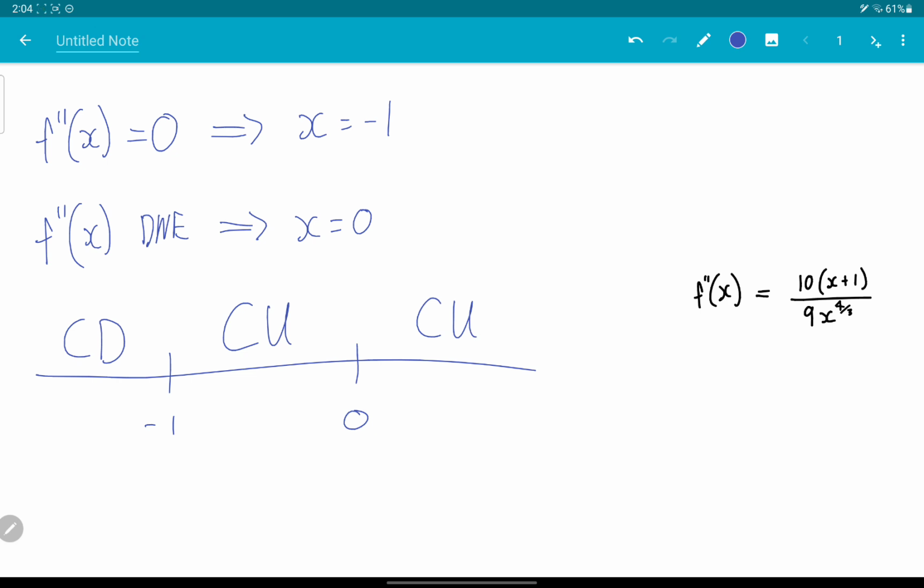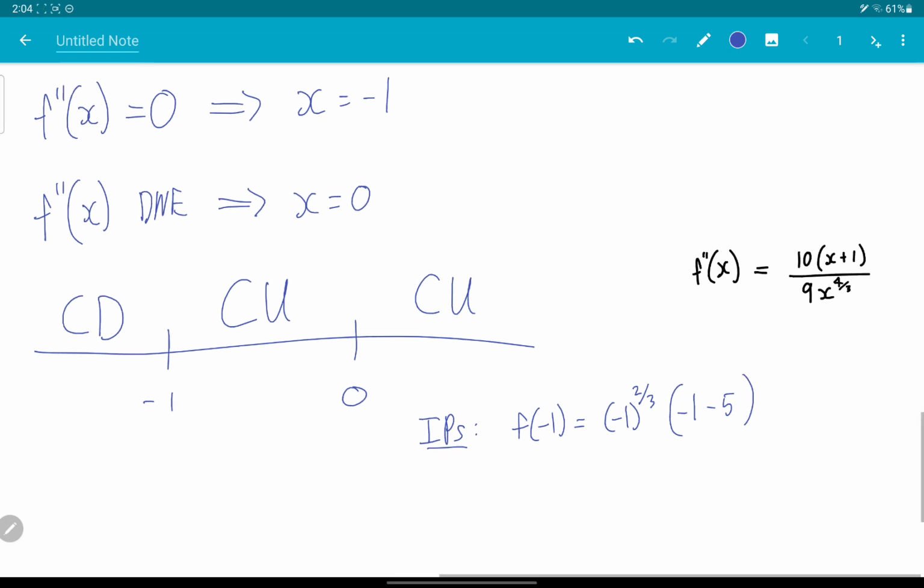Inflection points. Let's see. F of -1 is going to be (-1) to the 2/3 times -1 minus 5.